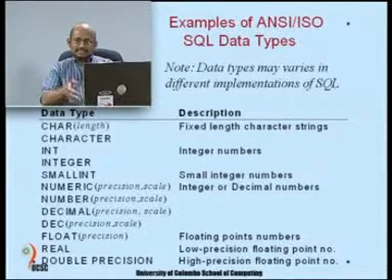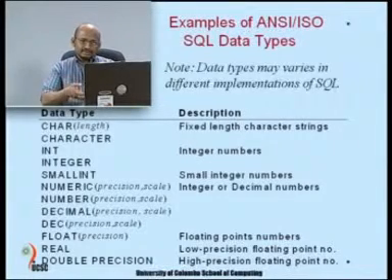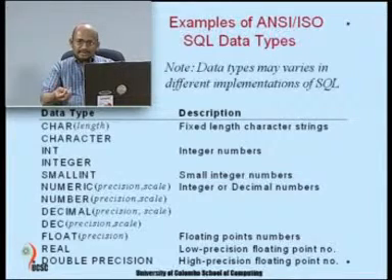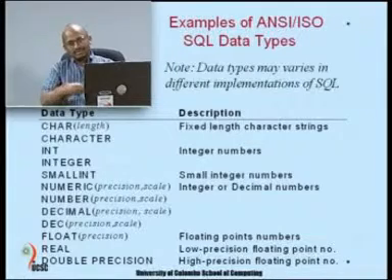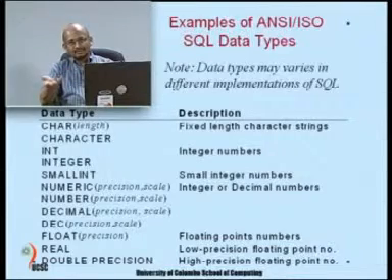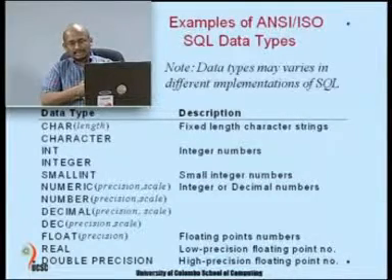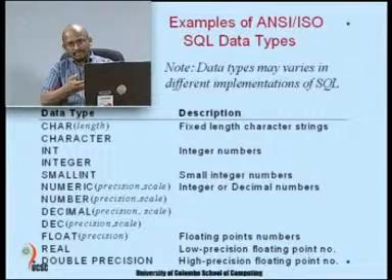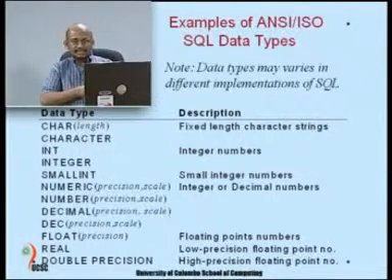Then int or integer is to manage whole numbers, which can be positive or negative, like 10, 15 or whatever. When you talk about whole numbers, you can talk about small numbers like 10, 20, or larger numbers like 1000, 100,000, a million and so forth. When you go to large numbers, the way the data are stored internally, you will require more bytes to represent this data in the internal system.